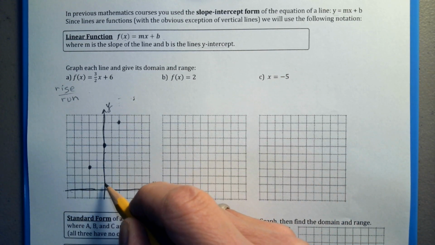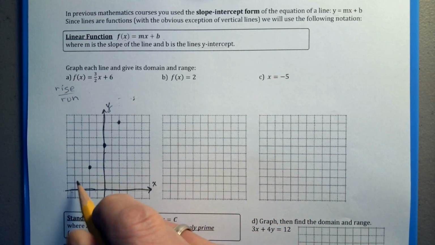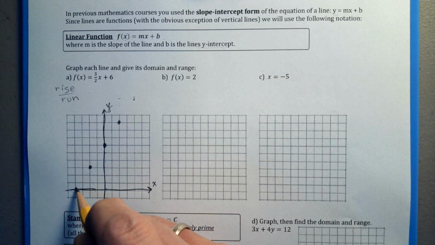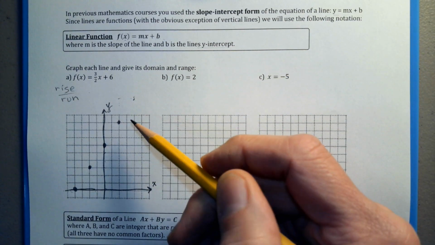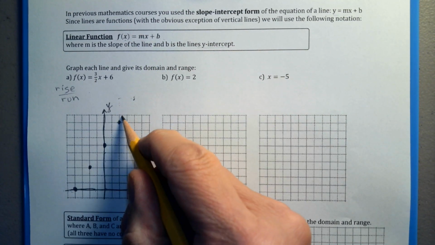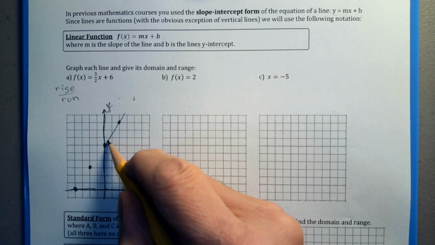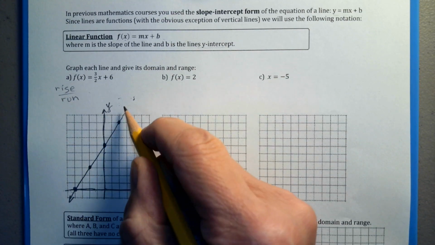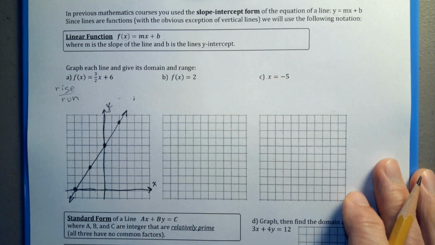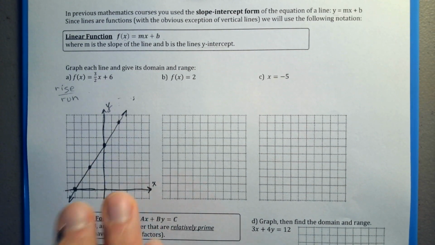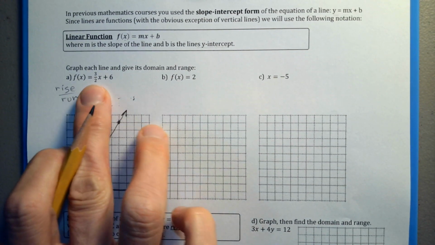So go down from this point 1, 2, 3 over 2, and there's another point. Generally, we want to fill our little piece of graph paper with dots that we know our line goes through, and then sketch in a line and put arrows on either end. So that's a generic sort of line.